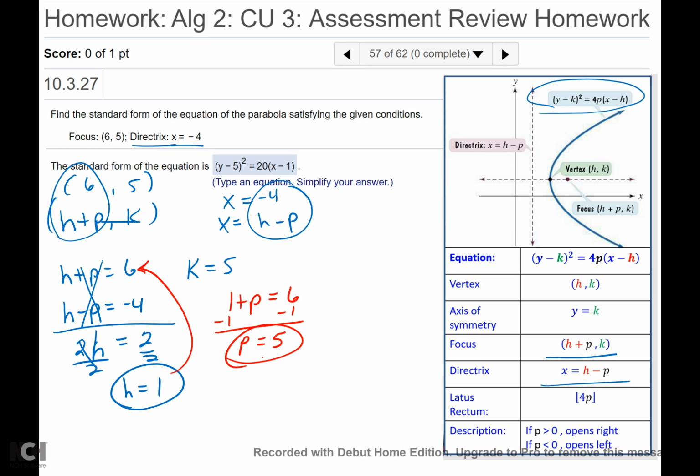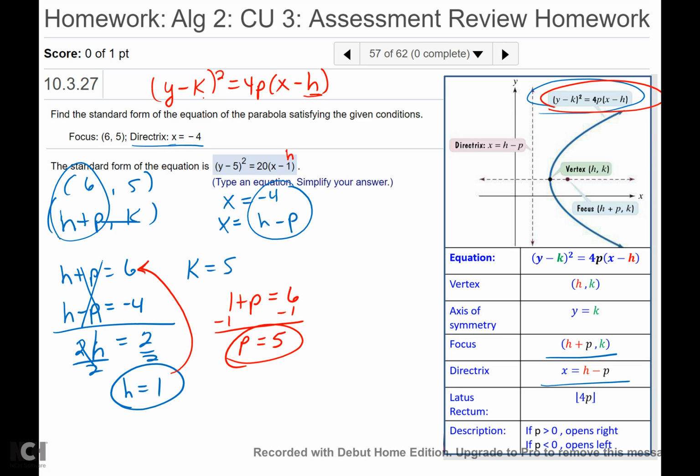And now to plug it in, for this form you have y minus k squared equals 4p times parentheses x minus h.